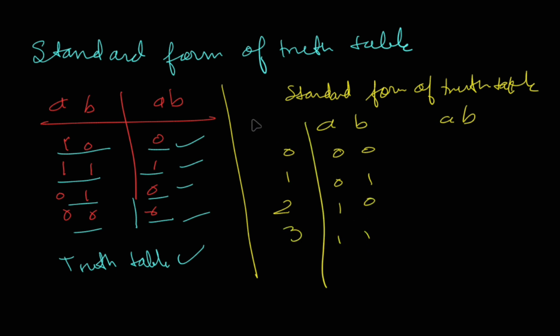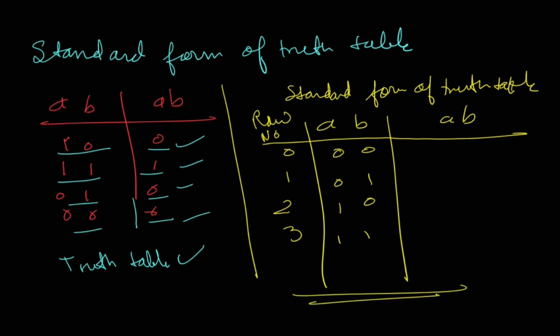This we say is the row number. So we write these combinations in the order of their binary number. So 0, 1, 2, 3. So this is your standard form of the truth table. So this is the idea behind it. So the truth table is the same. Both are the same. But this is the standard form, standard representation.